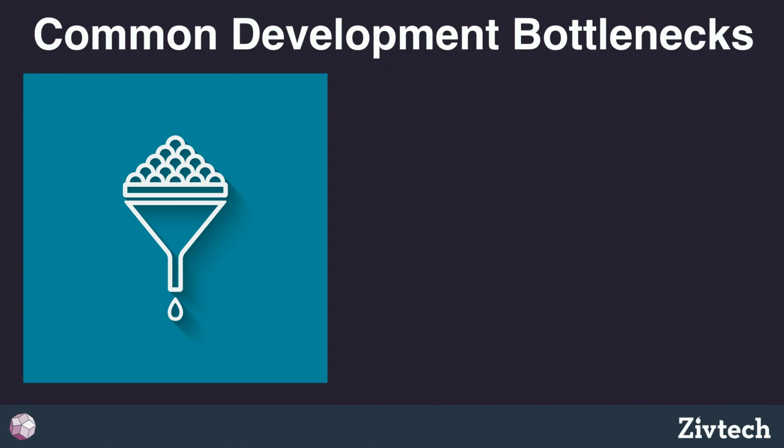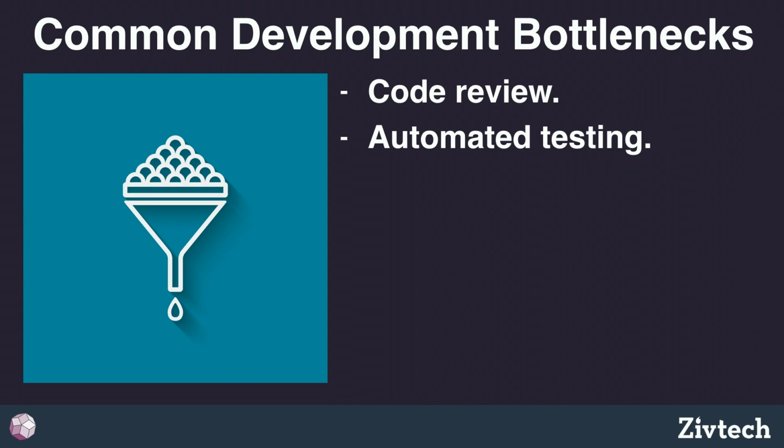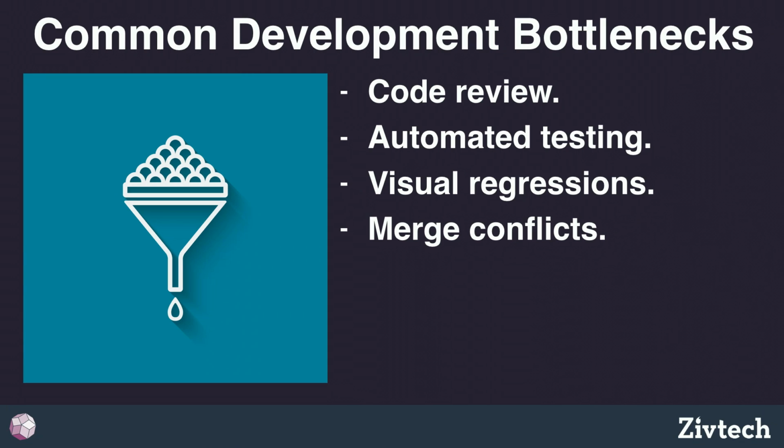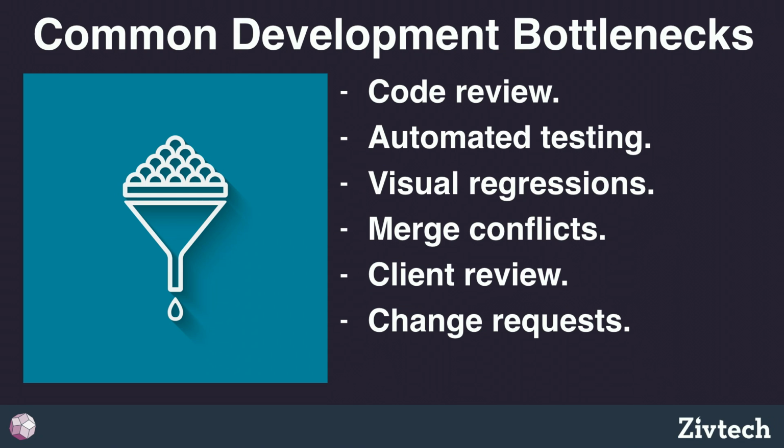We've identified several of these bottlenecks over our time developing at ZivTech, which ultimately ended up in Probo's initial development. We have code review, automated testing, visual regressions, merge conflicts, client review, change requests, and we rinse and repeat this process ad infinitum.